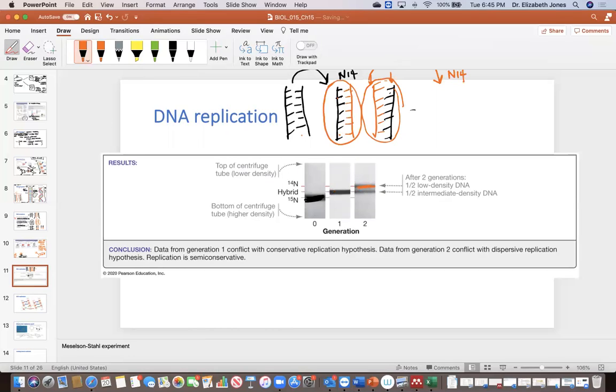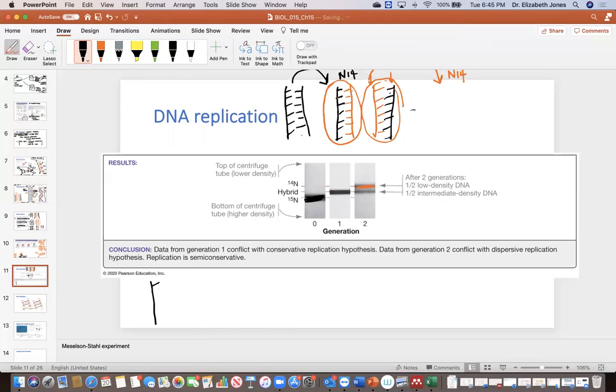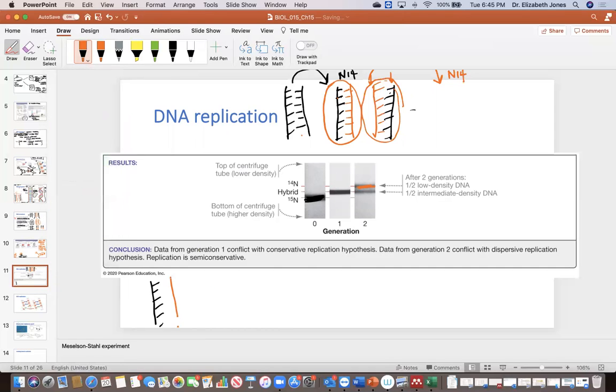Well, let's take these 2 guys, okay? And let's separate them out again. So let's start with this one here, all right? I'm gonna move him down here. So this is just me copying that strand over that's got one strand with heavy nitrogen and one strand with light nitrogen, okay?